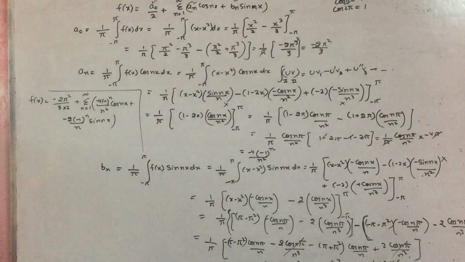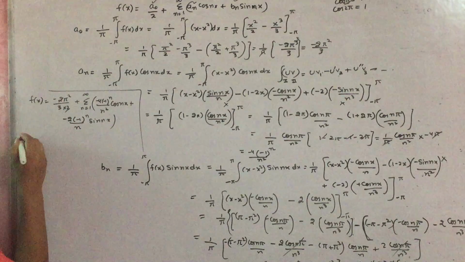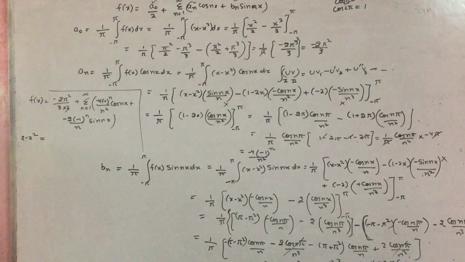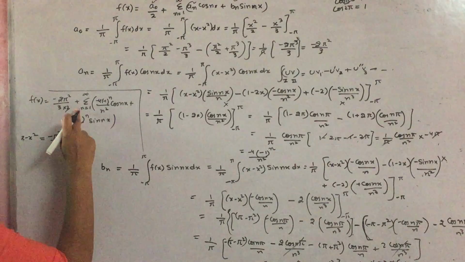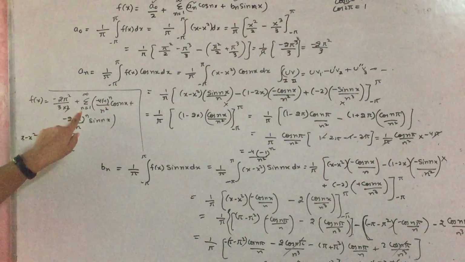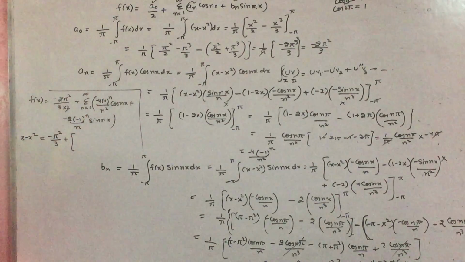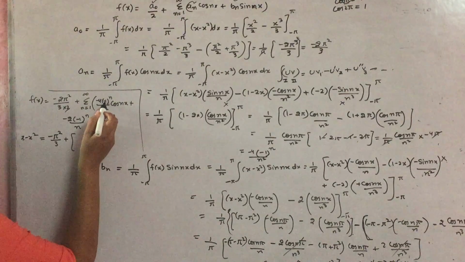Okay, now what you have to do, this fx is x minus x square. Now it is transformed completely into the Fourier series. Minus pi square by 3. Slowly you have to expand this sigma. Put n as 1. When you put n as 1, minus 1 raised to power 1 means minus 1.